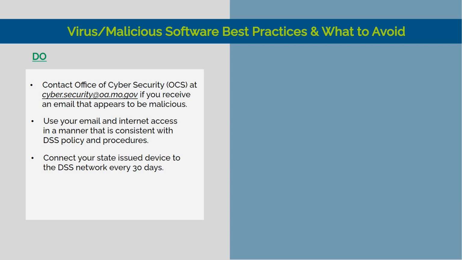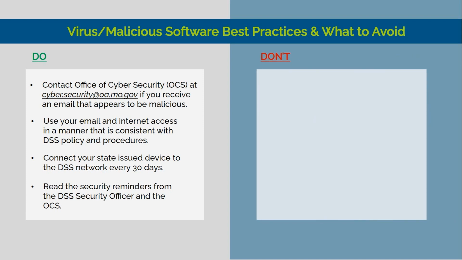Contact your supervisor if you need assistance. Read the security reminders sent out from the DSS Security Officer and the Office for Cybersecurity. If you receive a suspicious email or a suspicious attachment, do not open it and report it to the Office of Cybersecurity or by clicking the Report Phishing icon on your email toolbar.